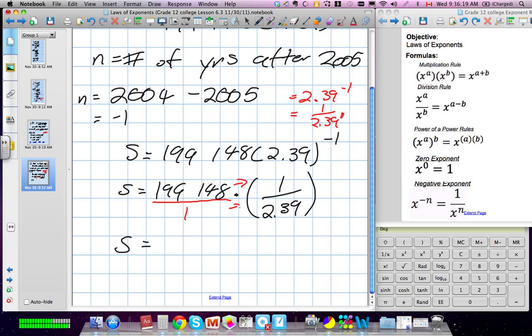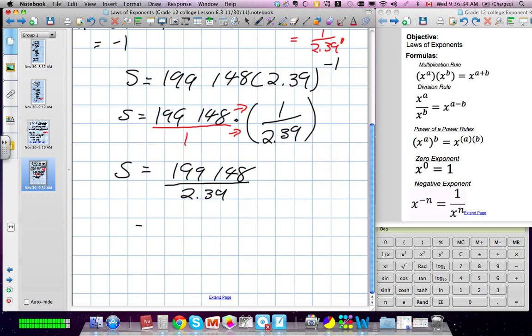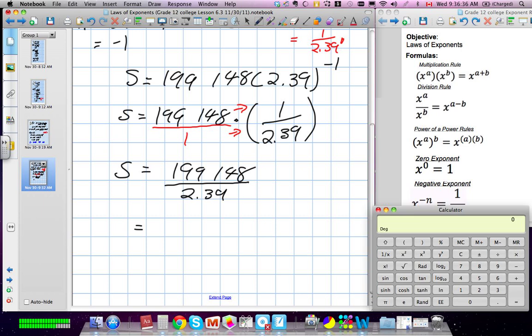It becomes 199,148 divided by 2.39. Now we're going to put this into our calculator. 199,148 divided by 2.39. 83,325.5.